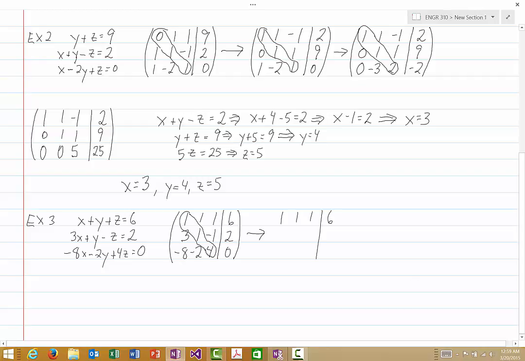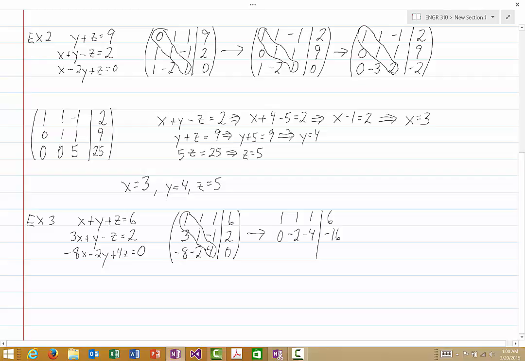And then when we add -3 times the first row to the second row, we'll get a 0 here. -3 times 1 is -3, and 1 is -2. -3 times 1 is -3, and -1 is -4. And finally, -3 times 6 is -18, and 2 is -16.